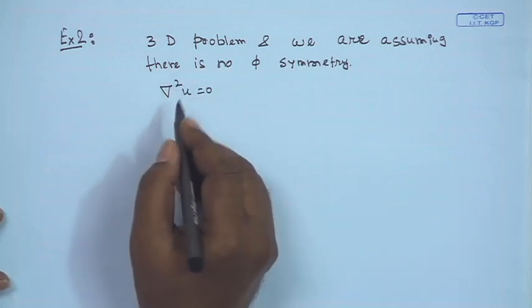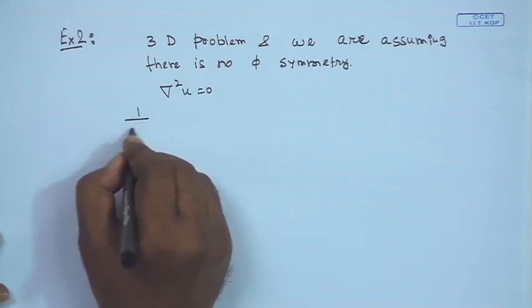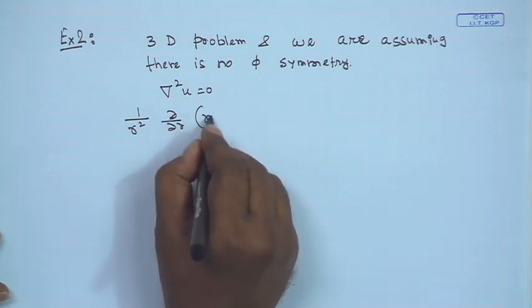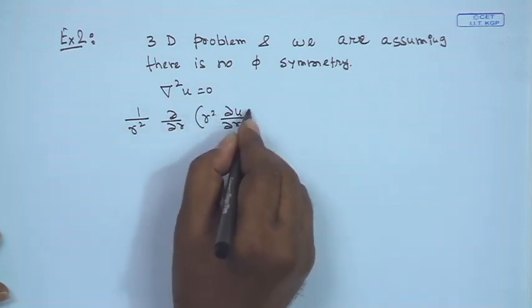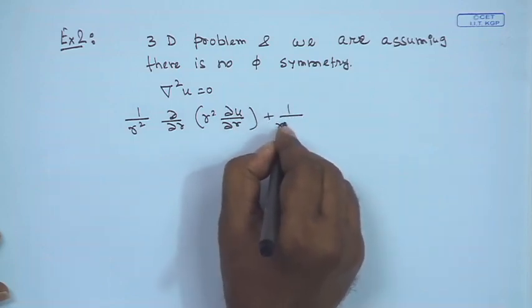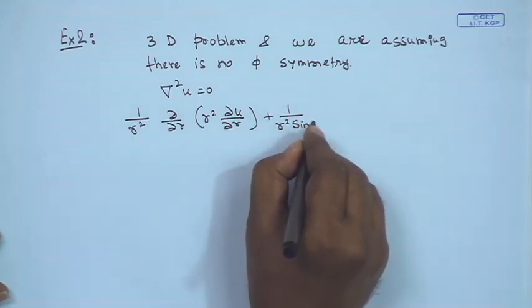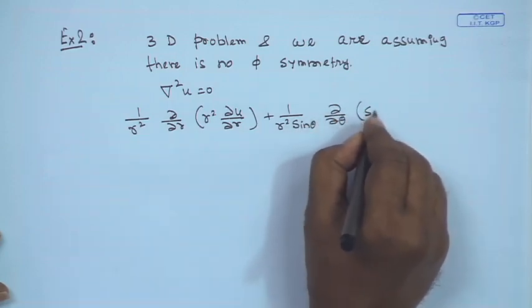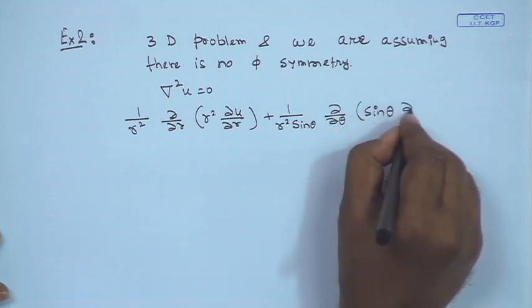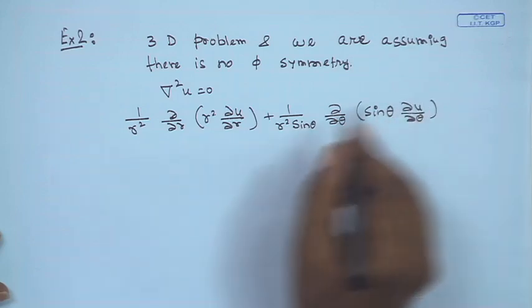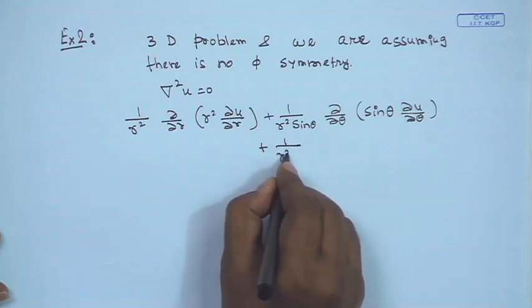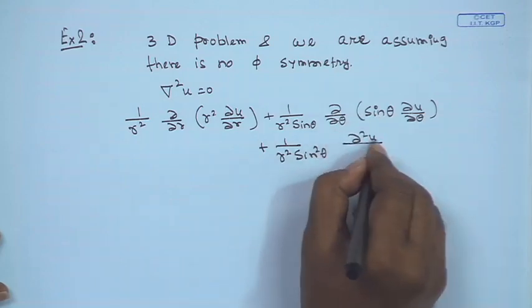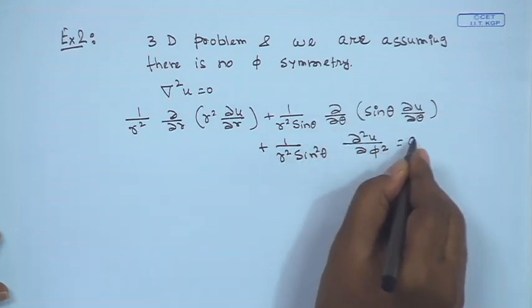That means, if you write it in its complete form, it will be 1 over r square del/del r of (r square del u/del r) plus 1 over r square sin theta del/del theta of (sin theta del u/del theta) plus 1 over r square sin square theta del square u/del phi square is equal to 0.